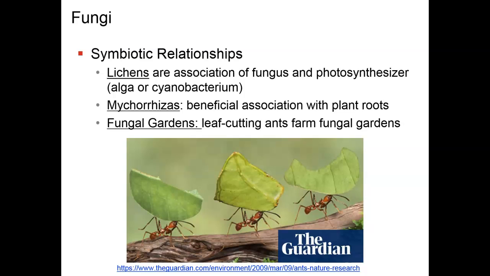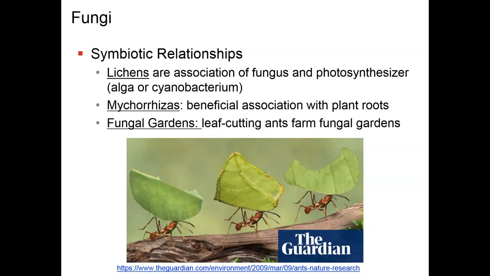And then fungal gardens, these are really cool. Leaf cutting ants cut up leaves, they form a little leaf garden, and then they spread fungus over the leaf garden, so fungal spores can actually grow, and they eat the leaves.